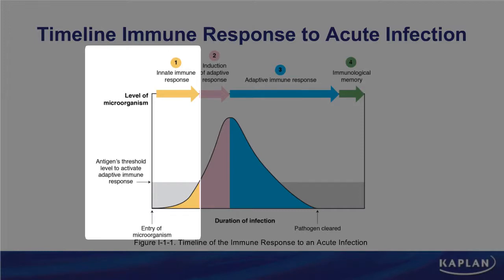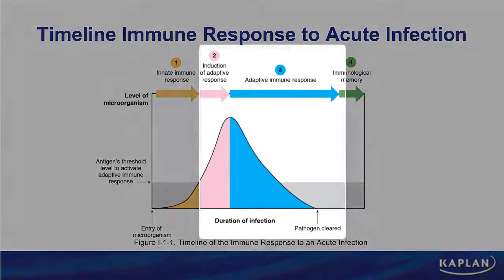Typically, the innate immune response is able to contain and eliminate a pathogen all on its own. But in cases where that pathogen increases its numbers to a certain threshold where the innate immune response is no longer able to contain the infection, the adaptive immune response has to be engaged.